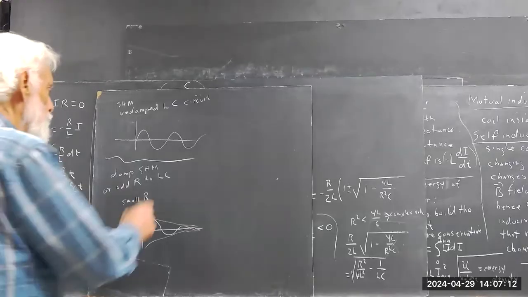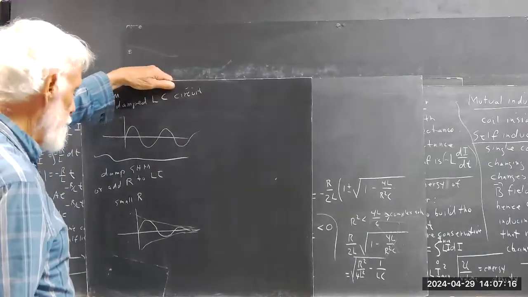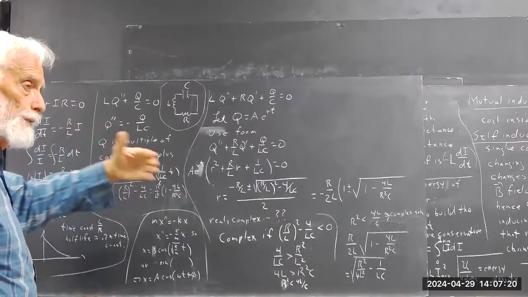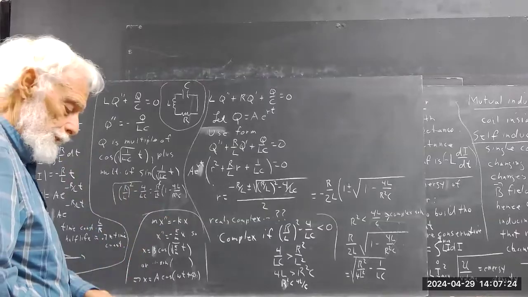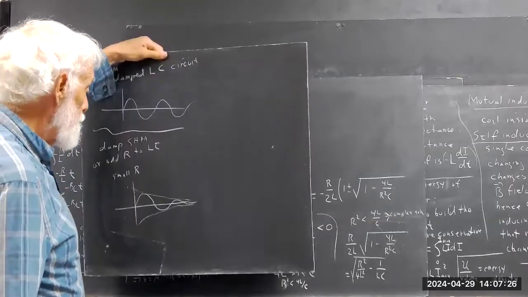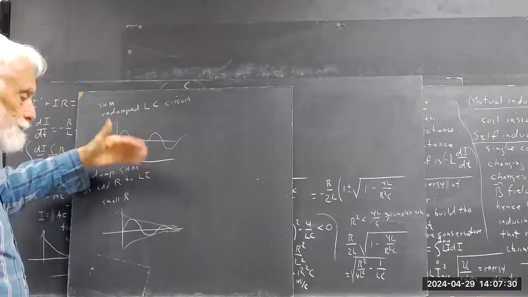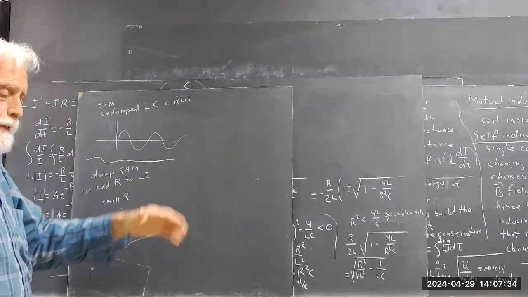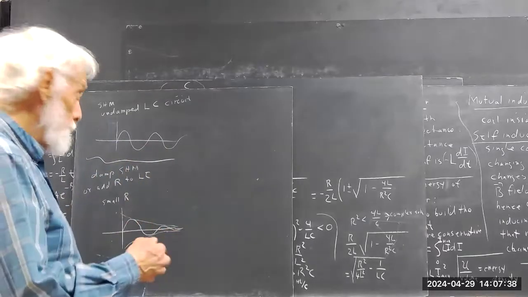If you add R to an LC circuit, the same thing happens. You add a little bit of R in here, and it's still going to oscillate, but the oscillation will get damped out because a current running through resistance is going to dissipate energy, just like friction will dissipate energy in an oscillating beam or an oscillating mass on a spring or a pendulum.